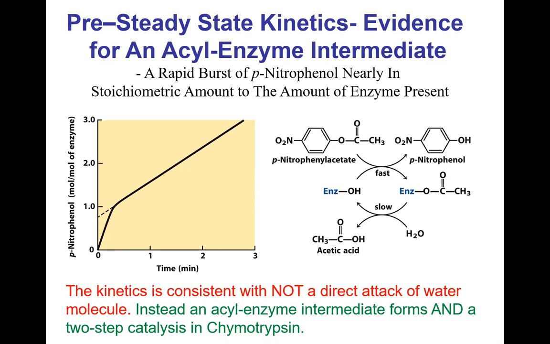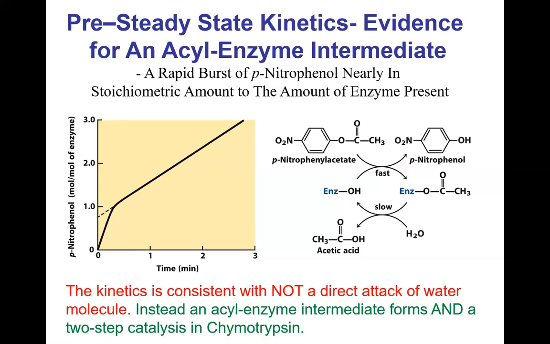Okay, and then that acyl enzyme intermediate in the second step decomposes to give the free enzyme and the product. And so the reason they were able to conclude was that when you extrapolate this line to the y-axis on the product axis, they noticed that the amount of product that was generated was the same as the amount of enzyme that was utilized in these experiments.